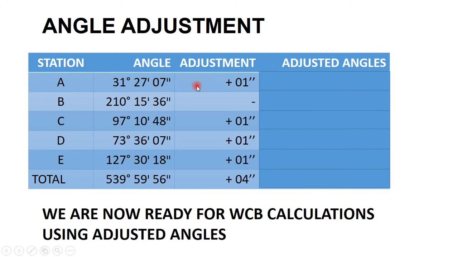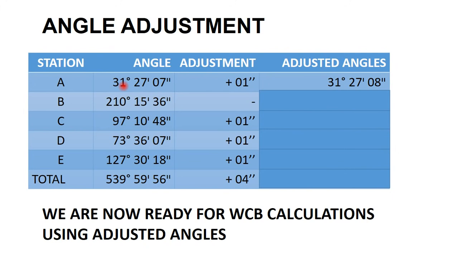For angle A, we have an adjustment which is 1 second. So if we add it to 37 degrees 27 minutes and 07 seconds, it is going to give us 37 degrees 27 minutes and 08 seconds.